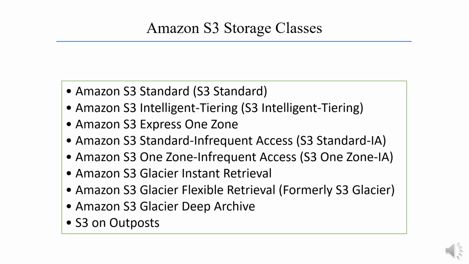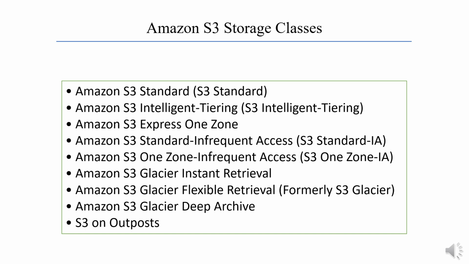Data is accessed less frequently but provides rapid access when needed. It is cheaper than S3 Standard IA. It is a good choice for storing secondary backup copies of on-premises data or easily recreatable data. It can be used as cost-effective storage for data that is replicated from another AWS region using S3 cross-region replication.